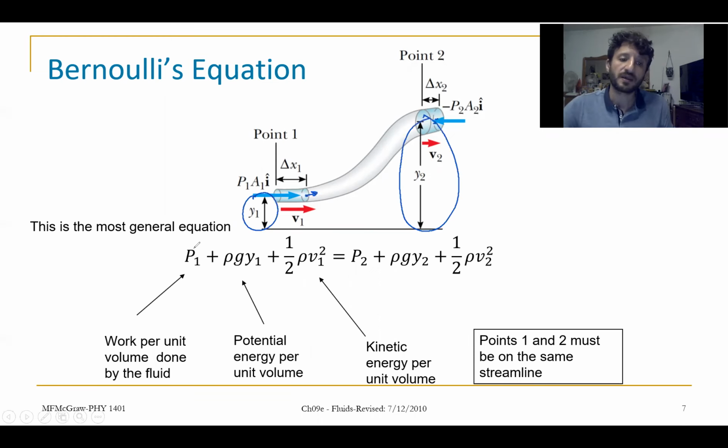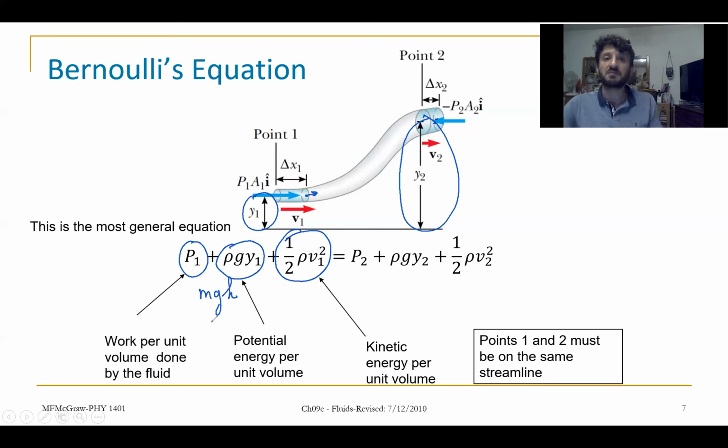The equation here: P1, the pressure at point 1, plus rho g H1, it's a potential term because I take the height into account, plus half rho V1 squared, the kinetic term, where I take the kinetic energy of the fluid into account. As you see, we have a similarity between rho g H1 and mgh, the potential energy in the case of gravitational mass.